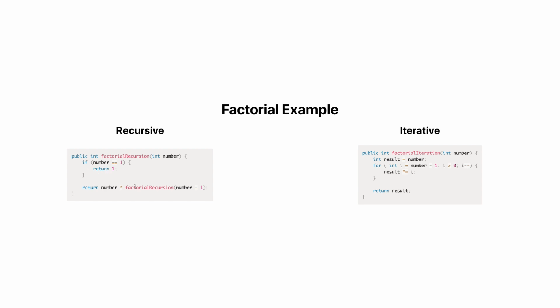As we keep going here, I'm going to draw this. Let's have number equals 5, so this is like the first iteration. We know that this is going to return number 1 times number 2.